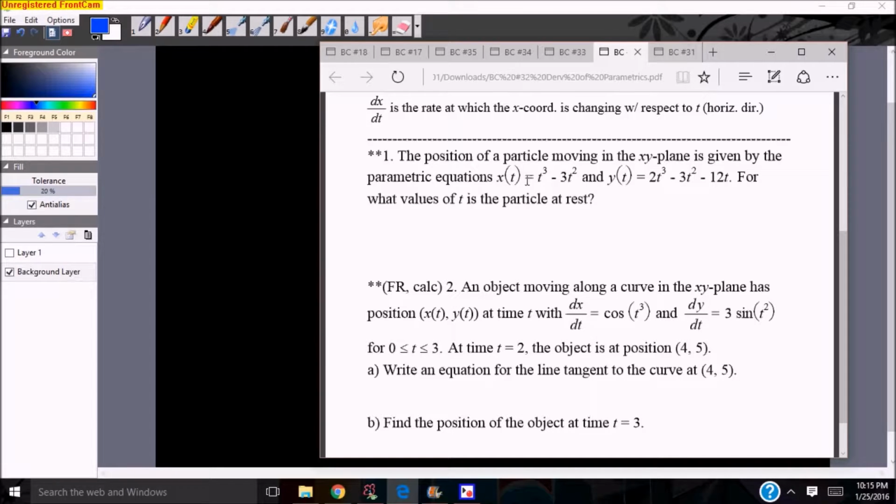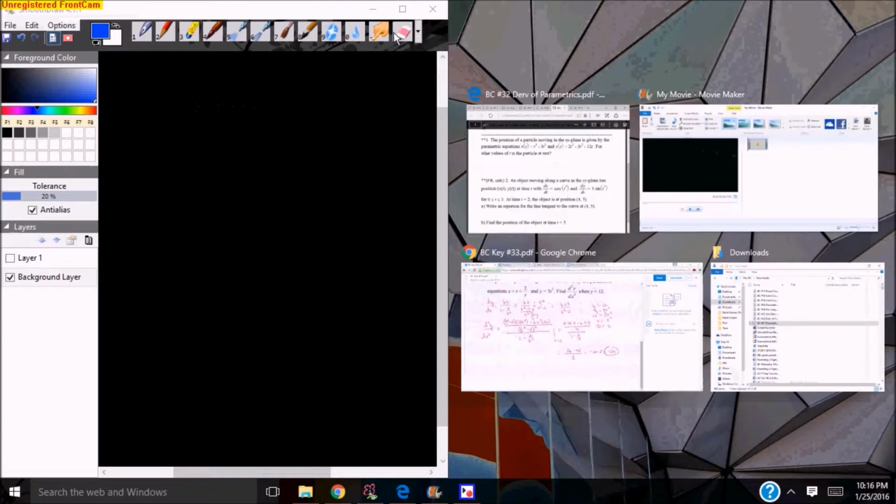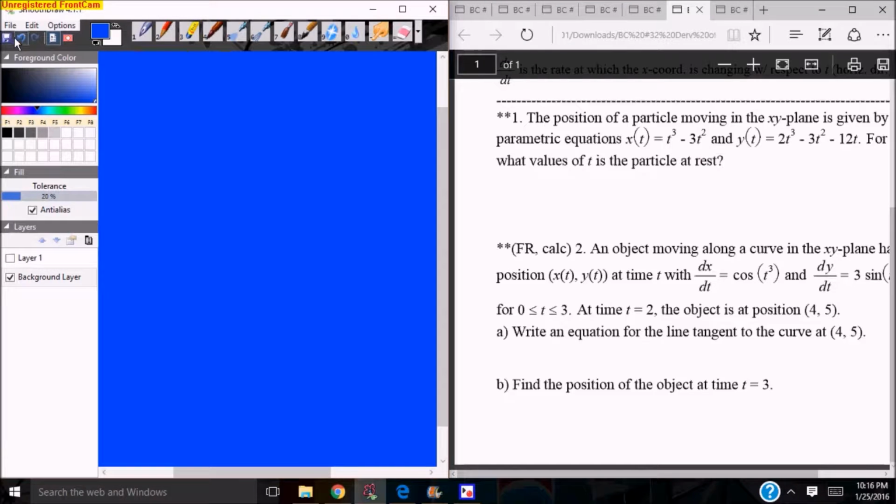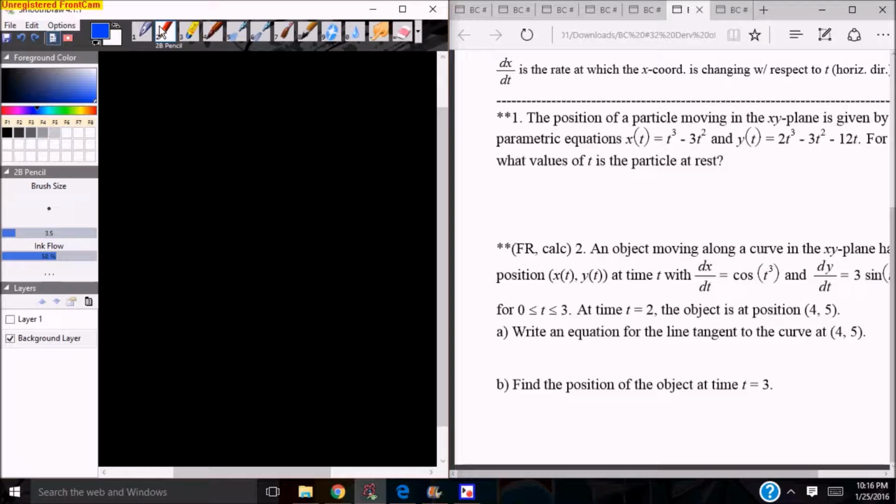The first problem is that we have x of t is t cubed minus 3t squared, and y of t is going to be equal to 2t cubed minus 3t squared minus 12t.